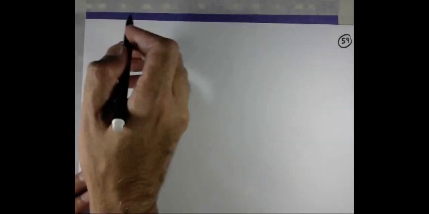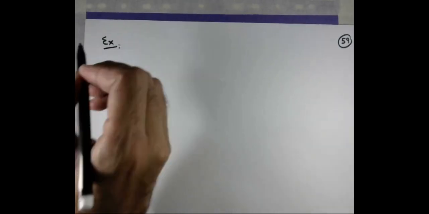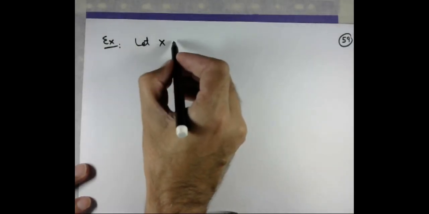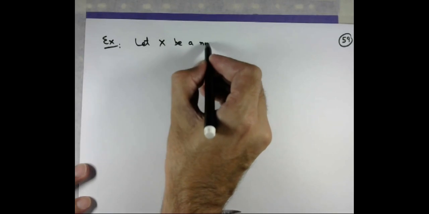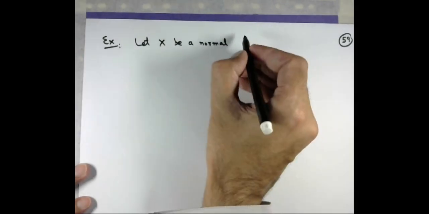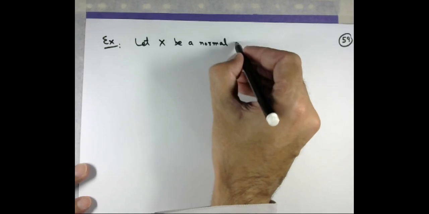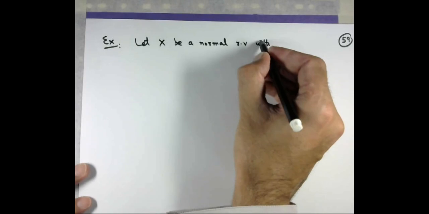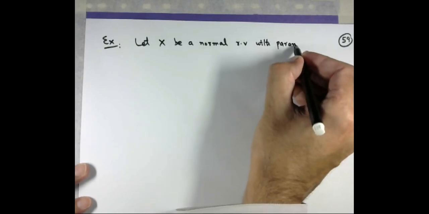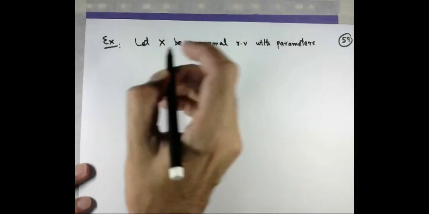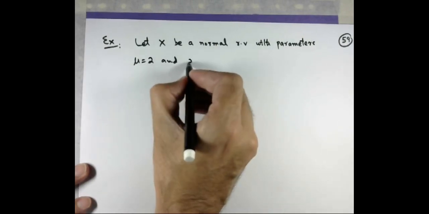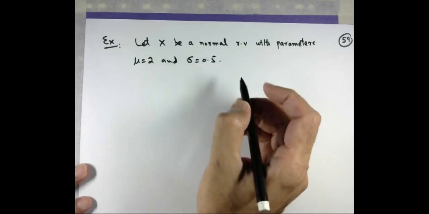Example: suppose x is a normal random variable, normal meaning Gaussian, with parameters mu equal to 2 and sigma equal to 0.5.